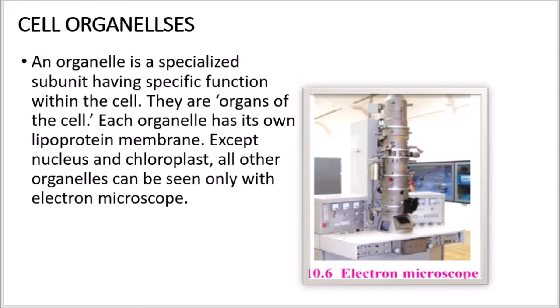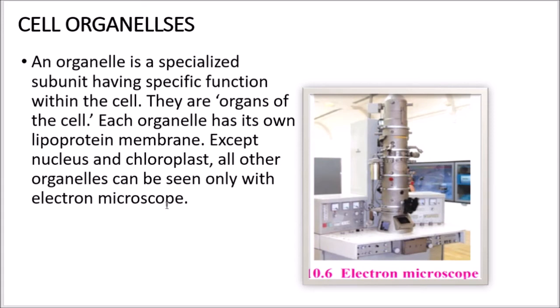Next, cell organelles. An organelle is a specialized subunit having a specific function. Each and every organelle in the cell has a particular function, so as to carry out all the life processes easily. This is basic and fundamental. So they are the organs of the cell. Each organelle has its own lipoprotein membrane except nucleus and chloroplast.